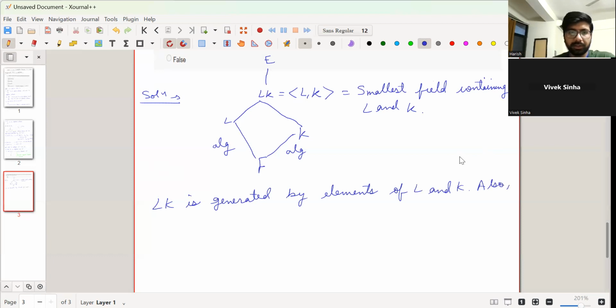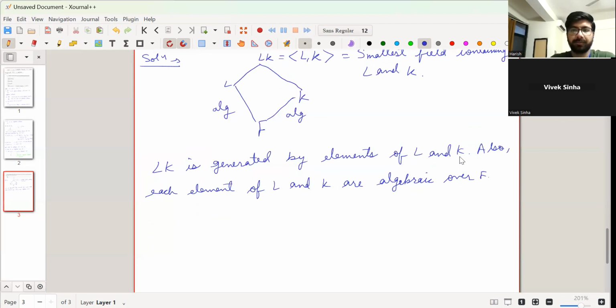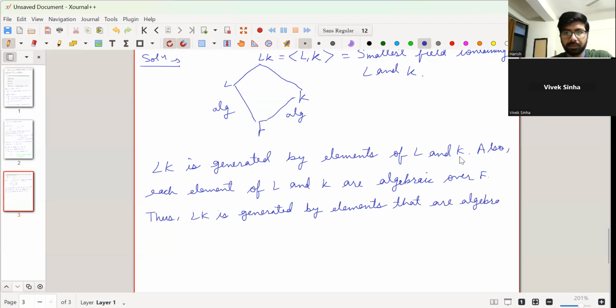Also, each element of L and K is algebraic over F. Thus, LK is generated by elements that are algebraic over F, right?